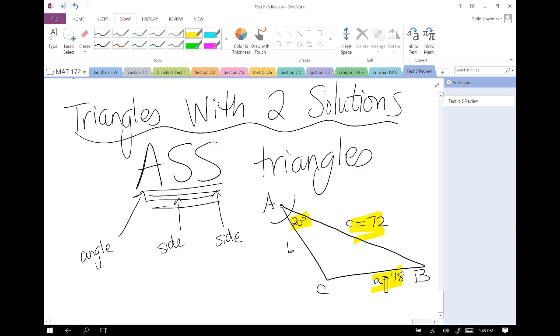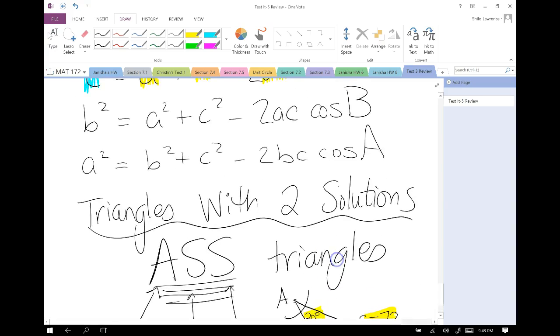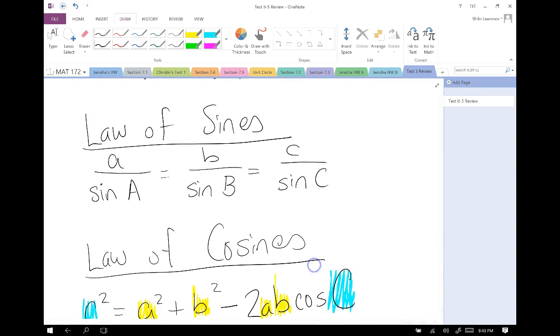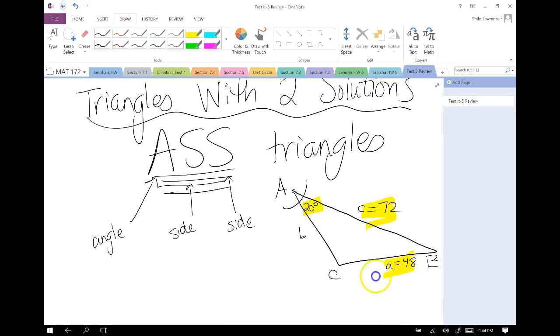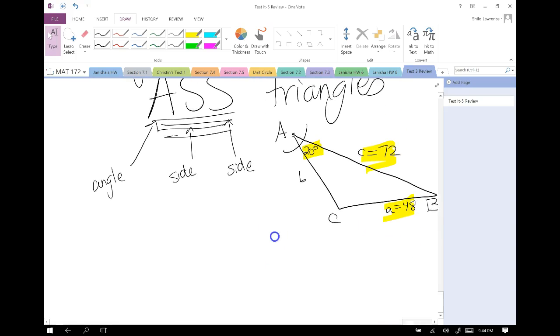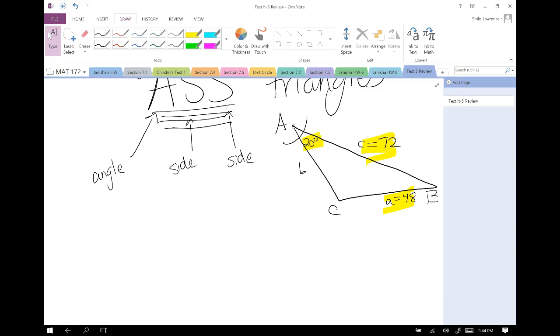That's an ass triangle. Angle, side, side. That triangle could have two solutions. So you need to check it and be sure. The way that you check it is when you do law of sines, you're going to have to do sine inverse. And the trick is with sine inverse, you could have two answers. So I'm going to show you the beginning of this problem.